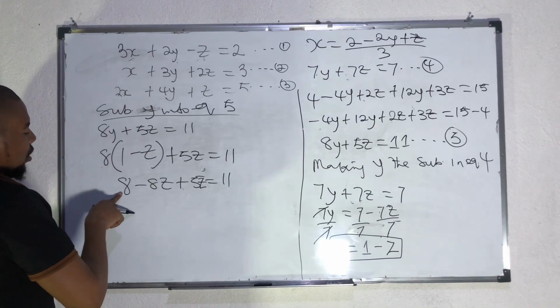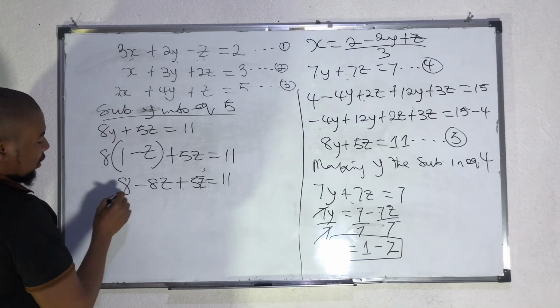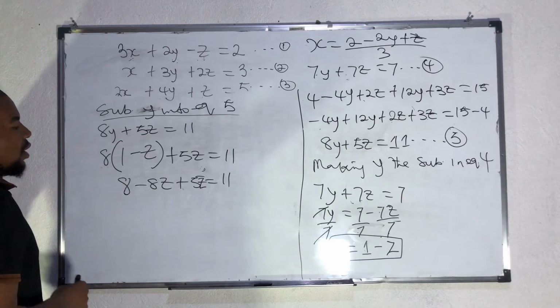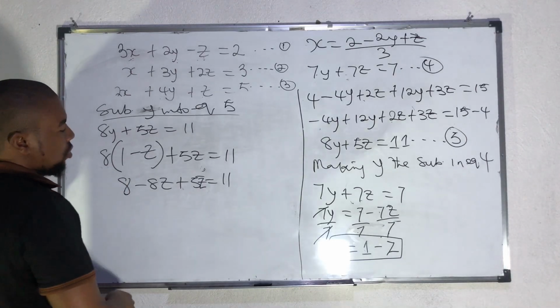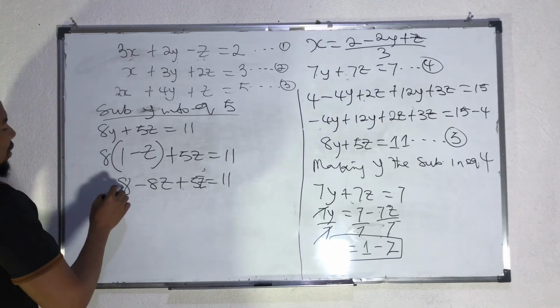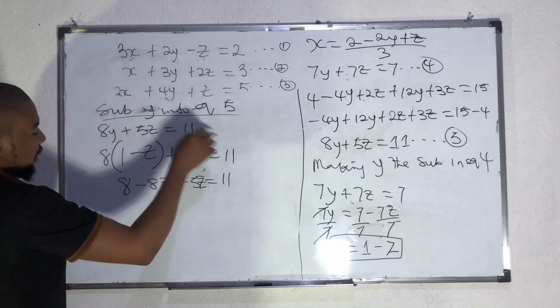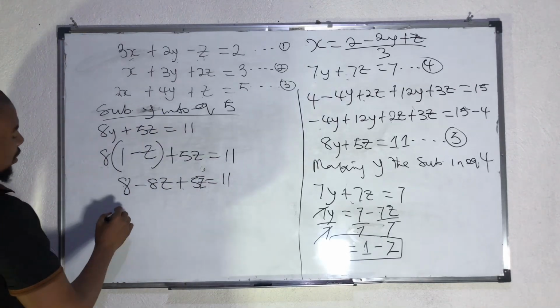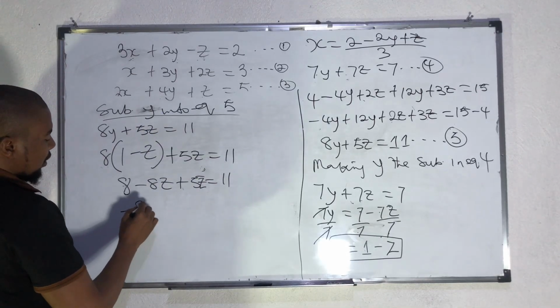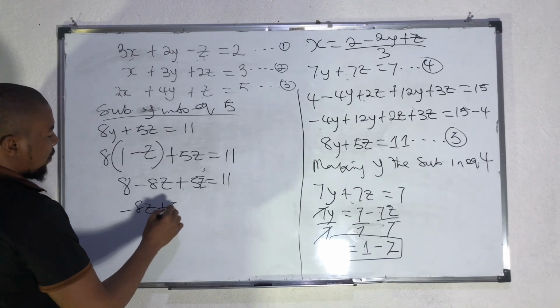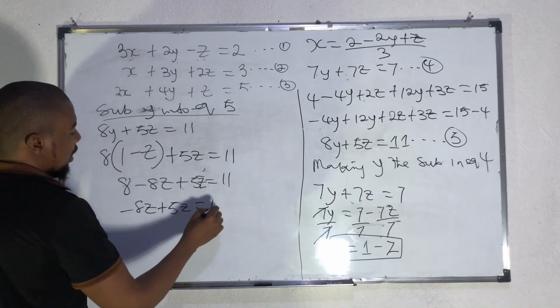First of all, transfer or transpose my constant. Any number that does not have a variable attached to it is just a constant. Therefore, I'll transpose my 8 across. And what do we have left? Minus 8z plus 5z is equal to 11, minus 8.